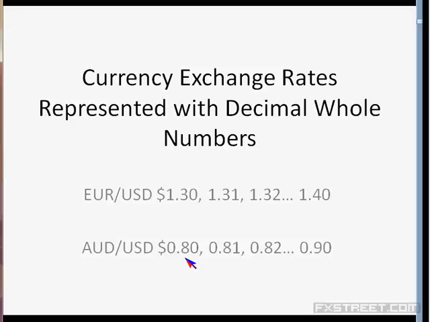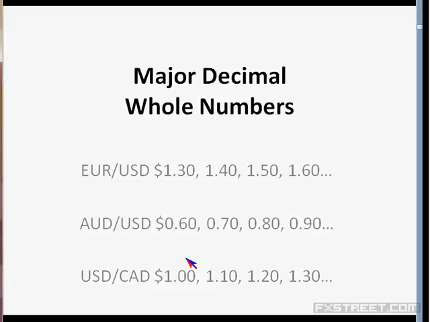The major whole numbers, when we use currency decimalization, can easily be distinguished in currency exchange rates even with the decimal point in their numerical representation. The quarters theory considers the parity level of a 1-for-1 exchange rate as the benchmark major whole number in currency exchange rates.